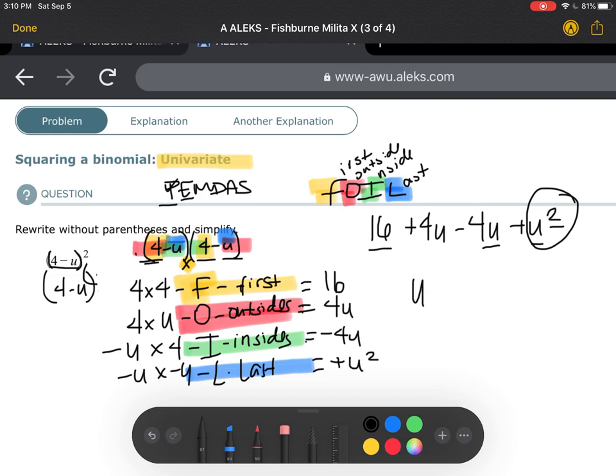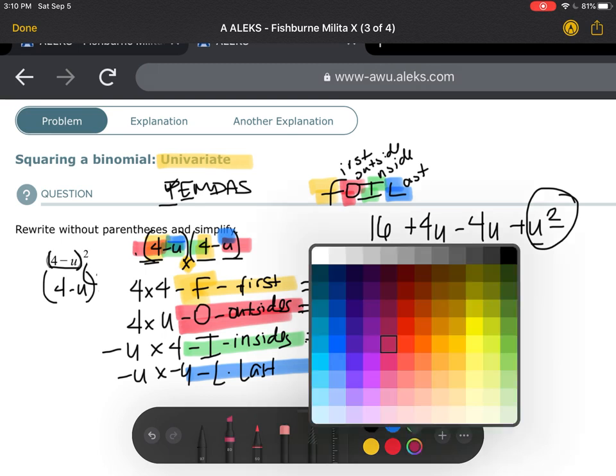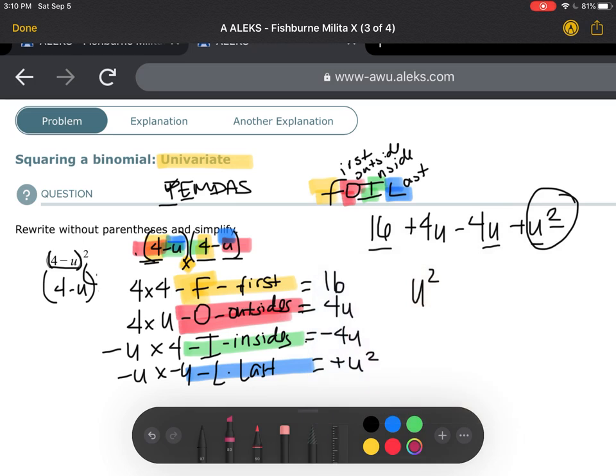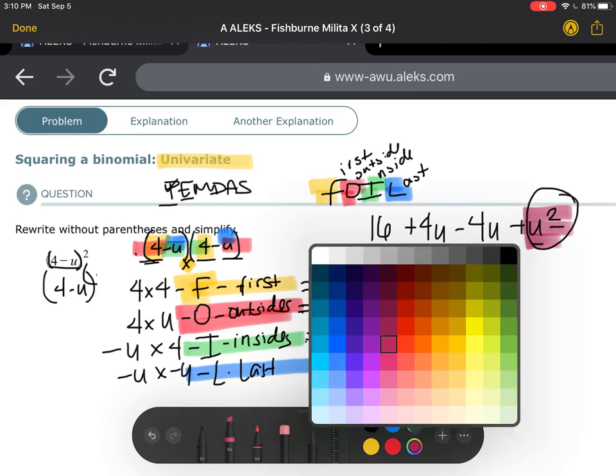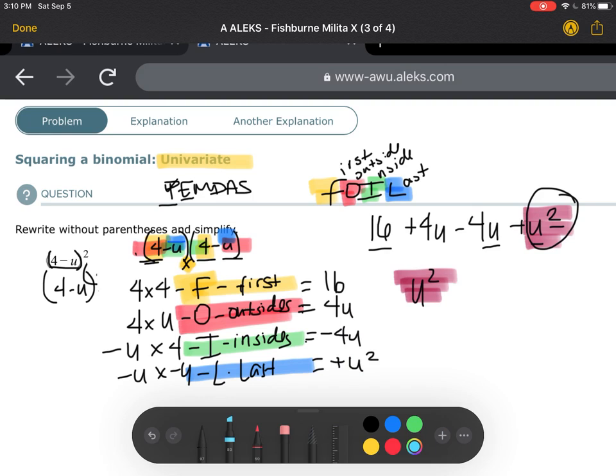But I'm just going to write it in the proper way. u squared is here, and that's the only one that has a squared. Then I have u here and u there.